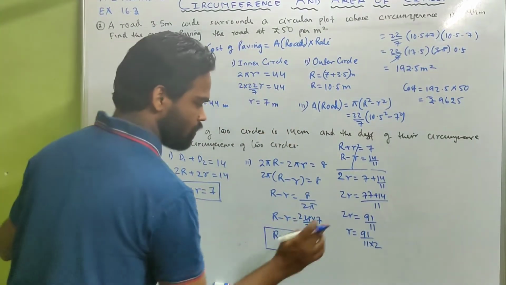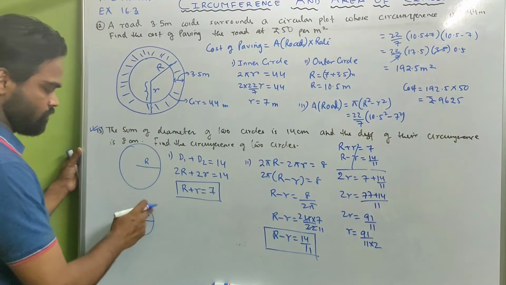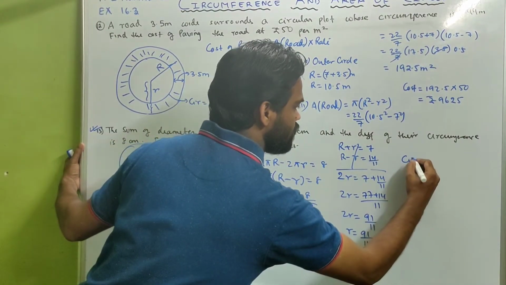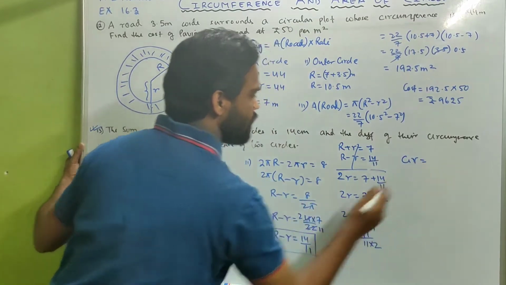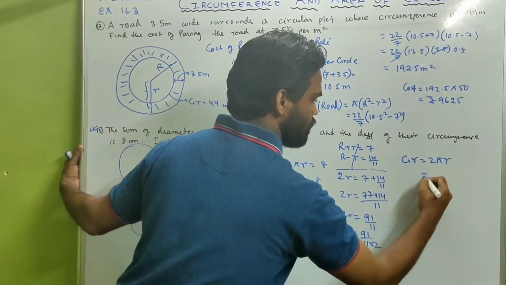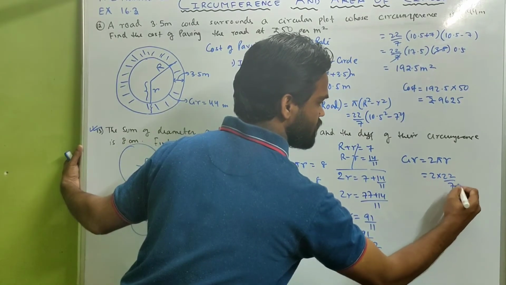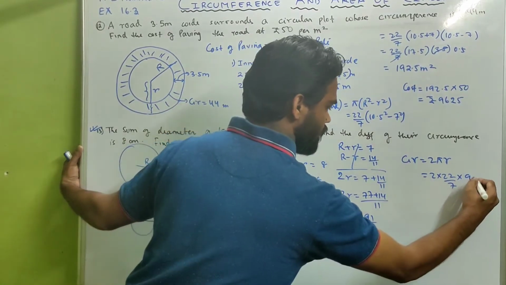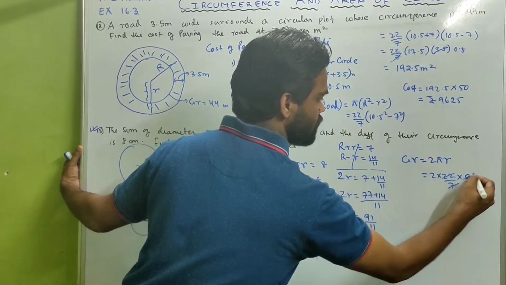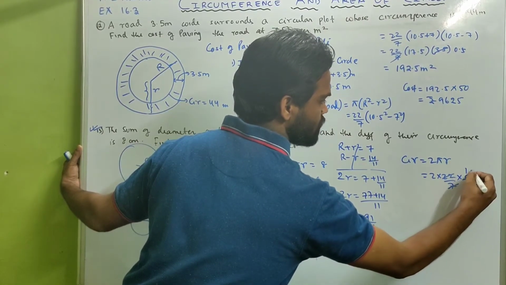Okay. So once you got the radius, the circumference of the smaller circle will be 2 pi r, which is 2 into 22 by 7, and r is how much? 91 by 11 into 2. So this cancels 7, 7 ones are 7, 7 threes are 21.